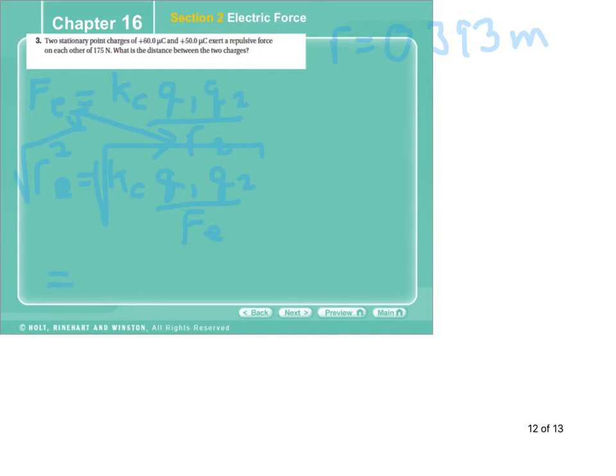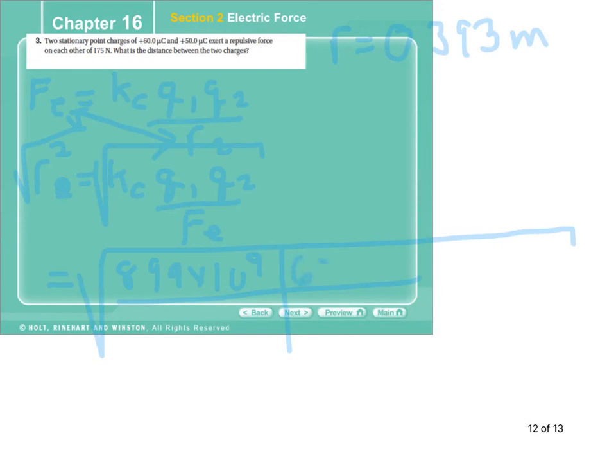So, we're going to have the square root of Kc, 8.99 times 10 to the 9th, times Q1. Now here the Q's are in micro. So micro means millionth again.